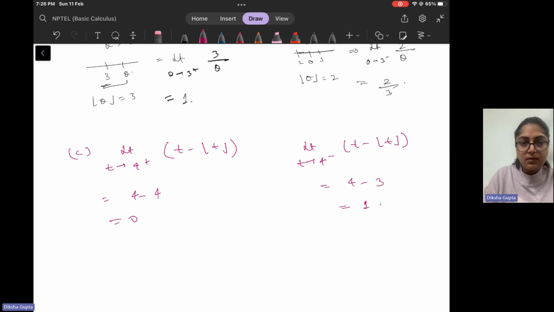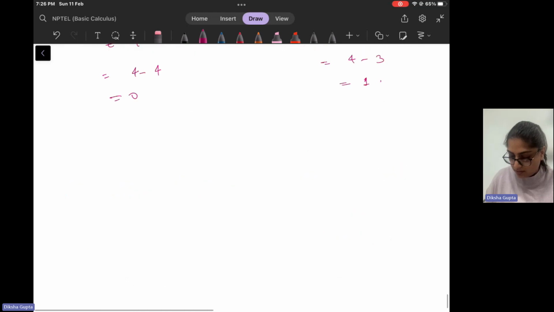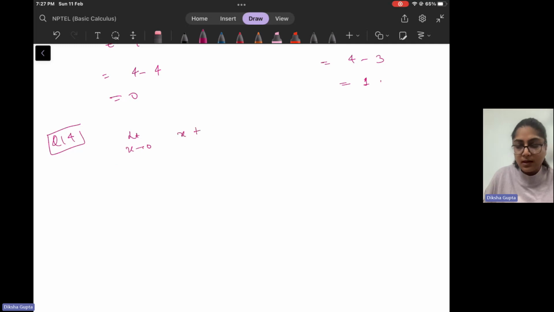Okay. All right. One question on, again, the sin x and cos x limit. I've lost count of questions by now, so this is question number 14. You have to evaluate limit x tending to 0, x plus x cos x upon x sin x cos x.